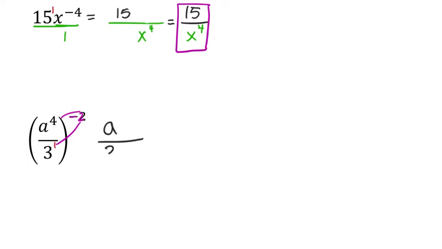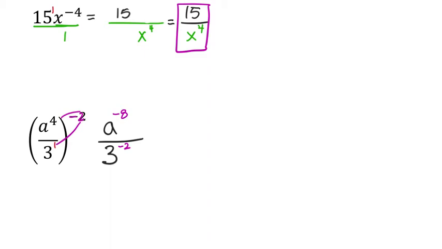My bases are not going to change yet. But I would then have 4 times -2, which would give me an exponent of a, which is -8. And then my denominator 3, exponent 1 times -2, which would be a new exponent of -2. Now, originally we would say flip the fraction, right, for those negative exponents.